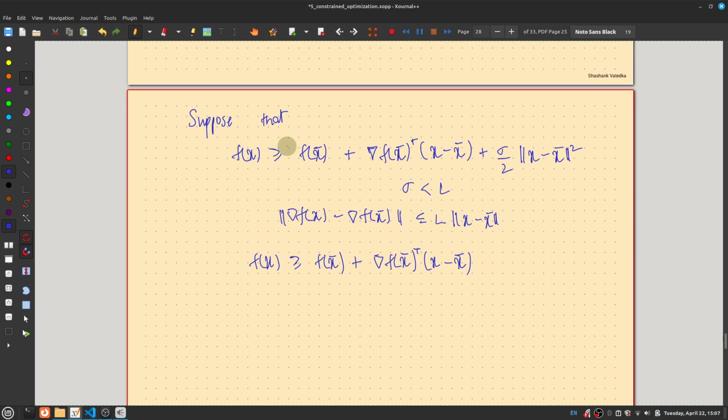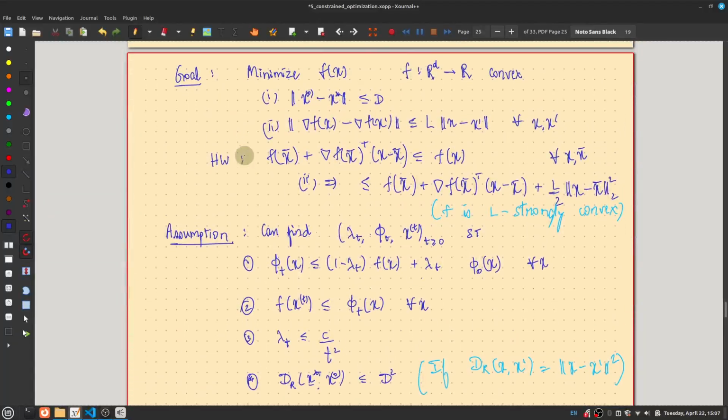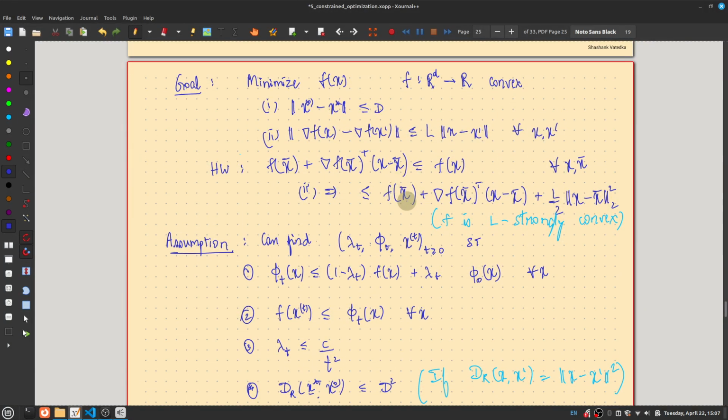Okay. So suppose that this is also strongly convex, sigma strongly convex for some sigma which is strictly less than L. Remember that this is also upper bounded by this particular quantity, f of x bar plus this particular quantity.